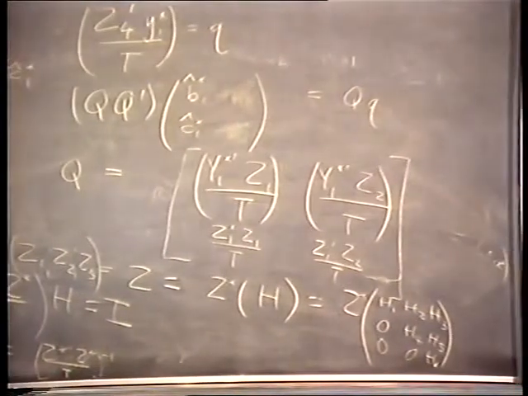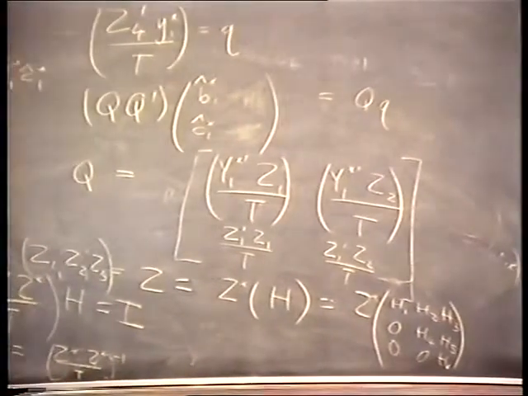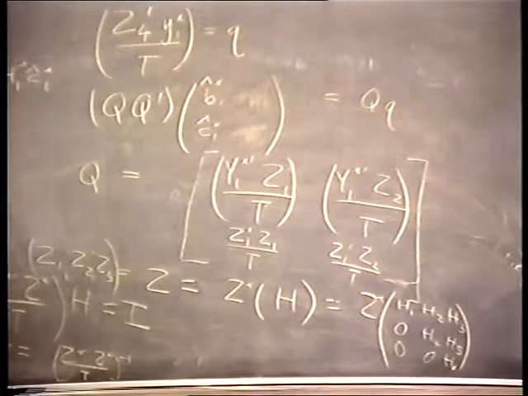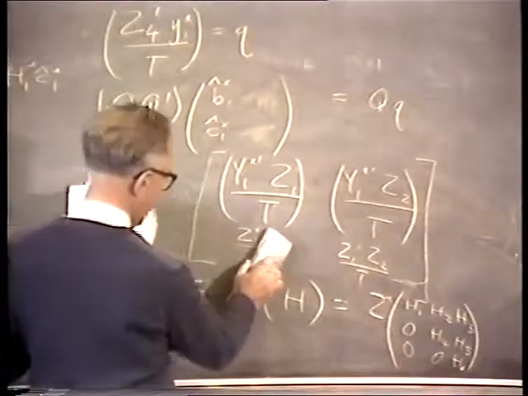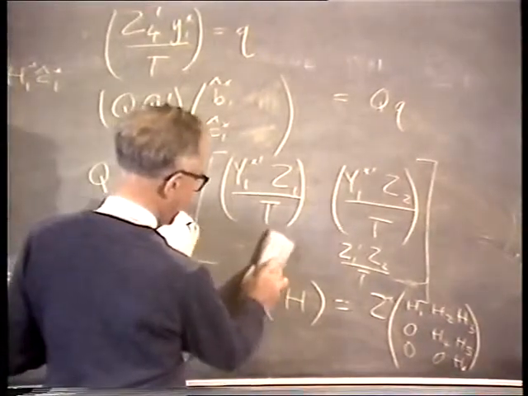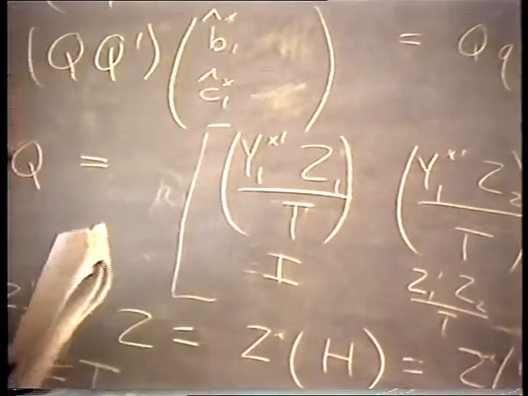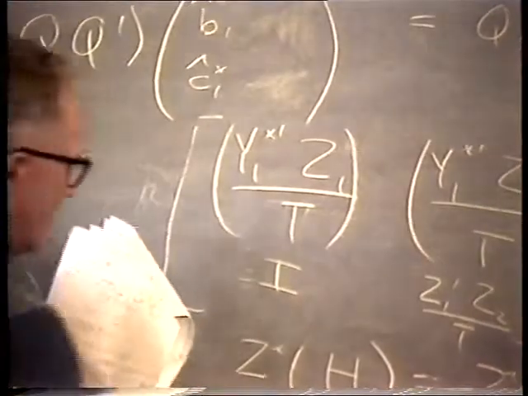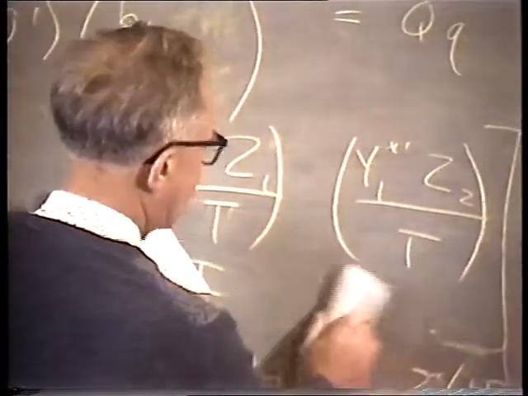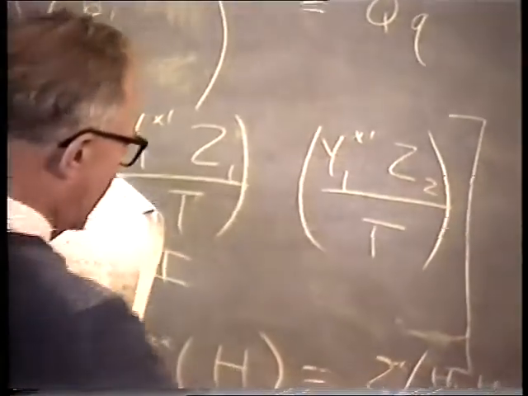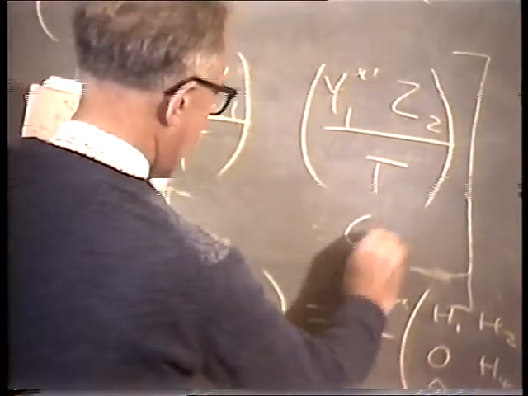Now the advantage of that is that clearly from the definition, z1 prime z1 upon t becomes a unit matrix, and the z1 prime z2 upon t becomes a zero matrix because we've orthogonalized the z1 and the z2 variables.